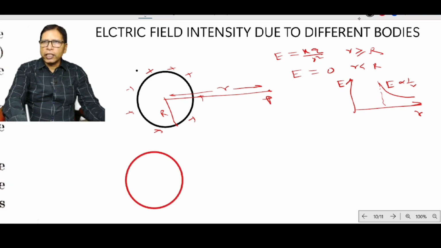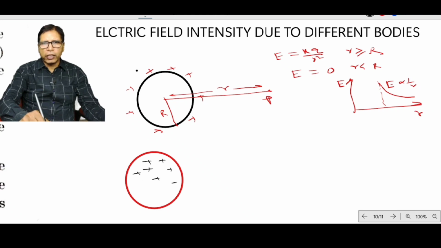Now electric intensity due to an insulating sphere. You know, an insulating sphere has volume density of charge, that is, charge resides within its volume.